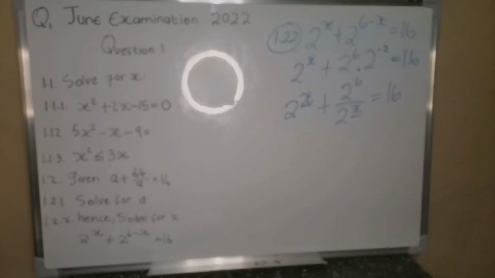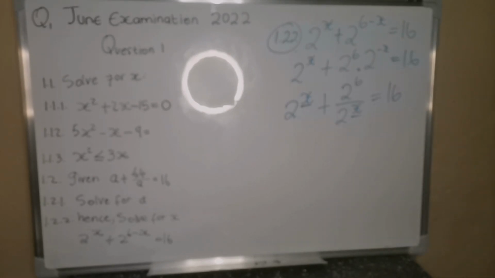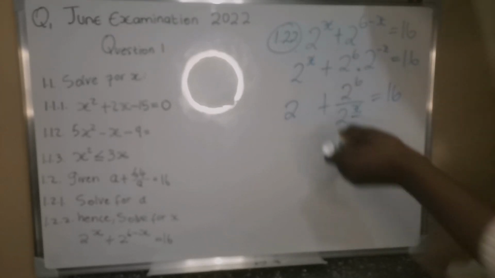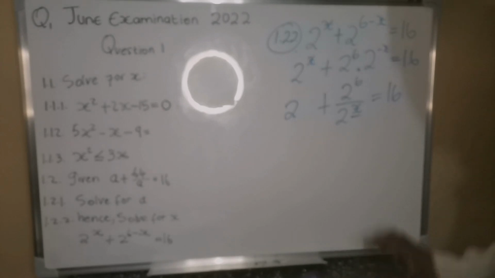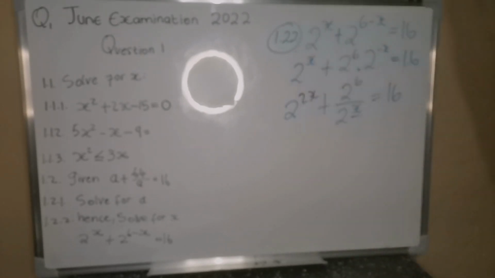Now, if you have this type of question wherein your exponents are the same, apply the K method. They can give you something like this in the examination. For example, we can have an equation like 2 to the power x, 2 to the power 2x.